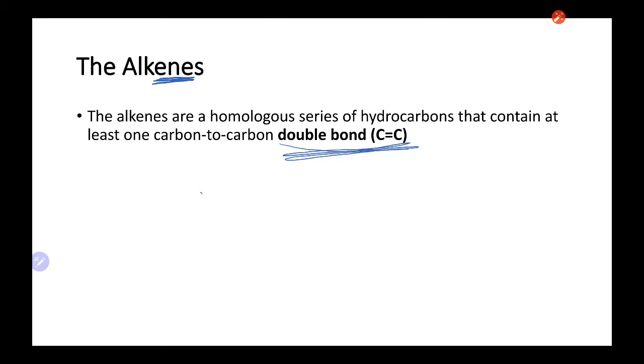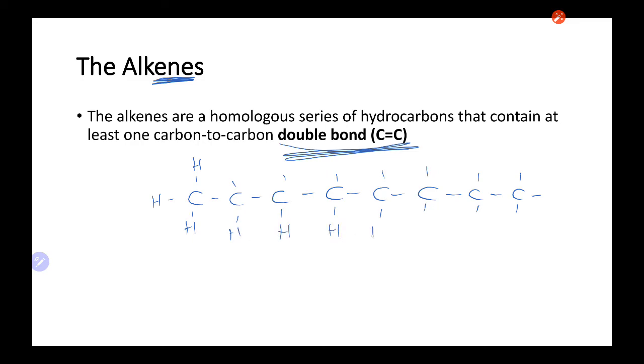So say for example we took an 8 carbon alkane. I'll just draw this out so that you can see where this is coming from before we move on to the alkenes. And I'll need to draw my hydrogens in this time so that you can see where we're getting this from.